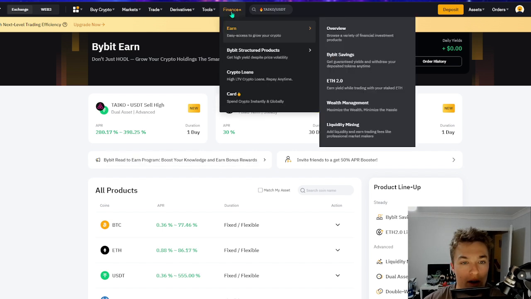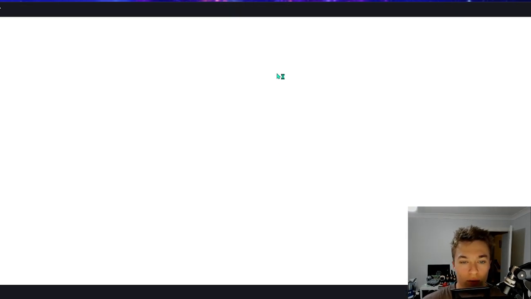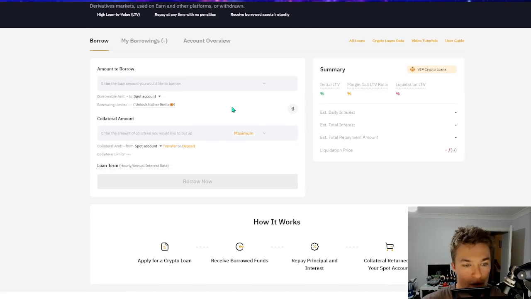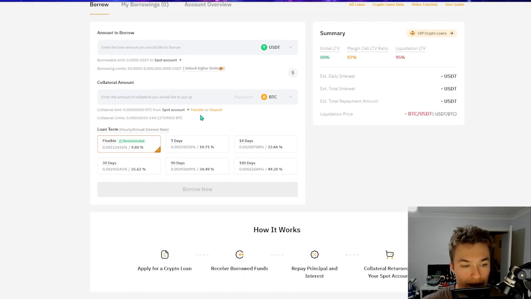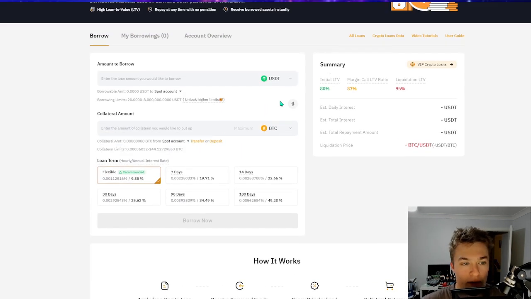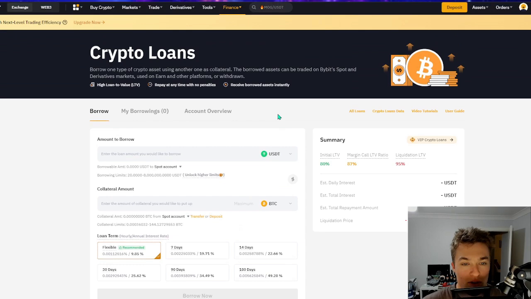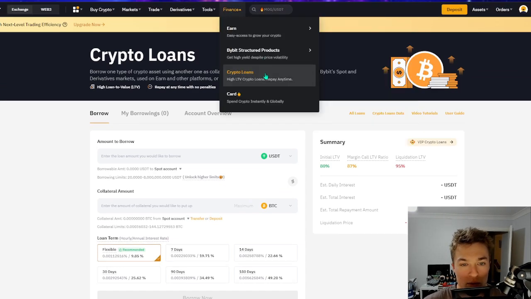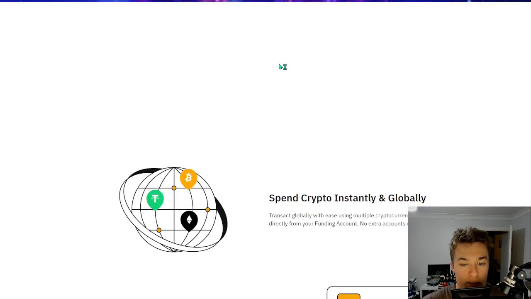Now, there are also things like crypto loans, which personally I wouldn't recommend, but there is the option available that you can loan out some money as long as you have the collateral and everything. I haven't used this before, but options available. And the ByBit card.